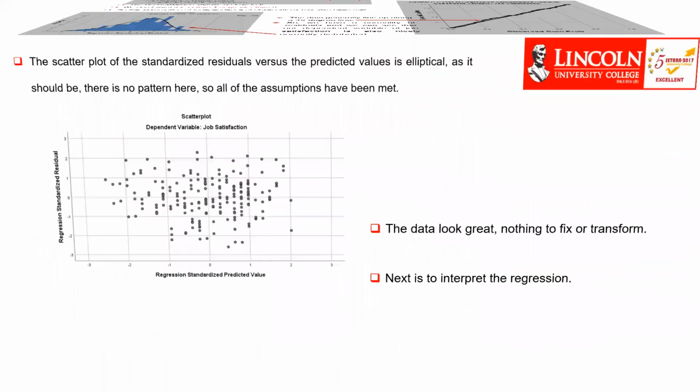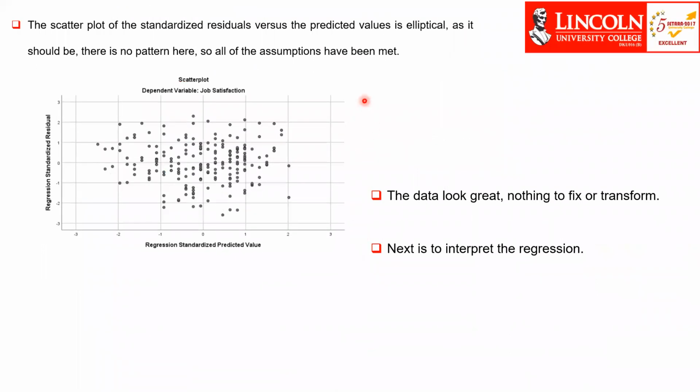The scatter plot of the standardized residual versus the predicted value is elliptical, as it should be. There's no pattern here, so all the assumptions have been met.